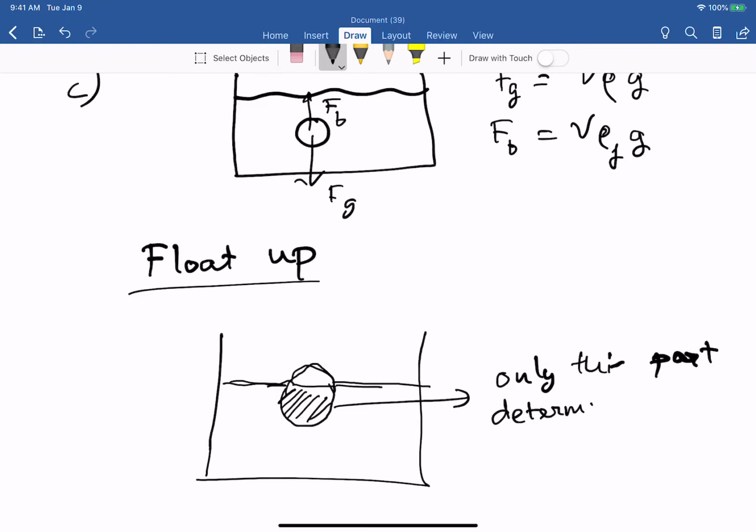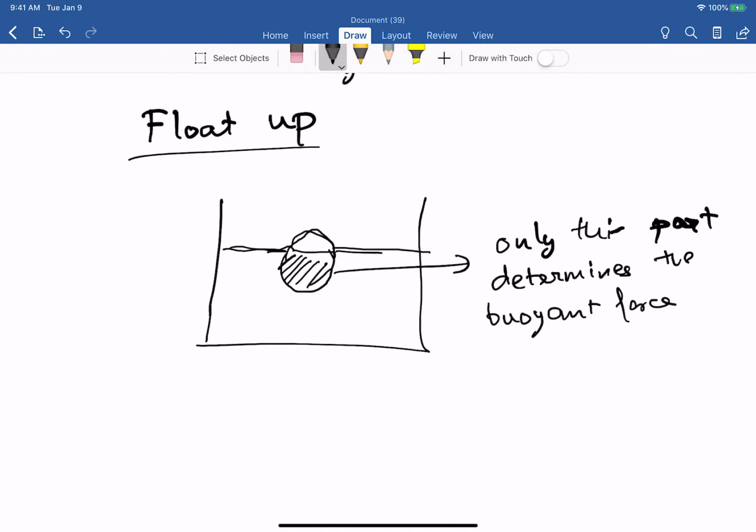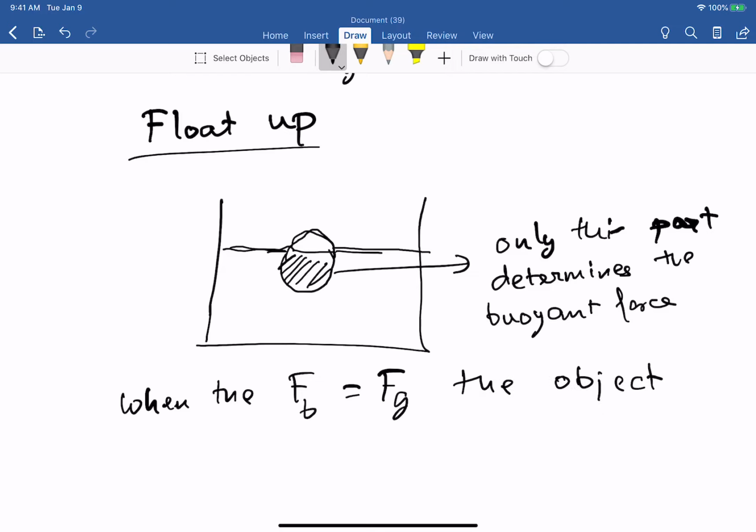So the buoyant force is less than what it was in the previous part of C when the whole object was submerged. This reduced buoyant force would equal the weight of the object, and the object would just remain in this situation with a part of it sticking out. So when the buoyant force equals Fg, the object will be in equilibrium again. So it will just continue to float.